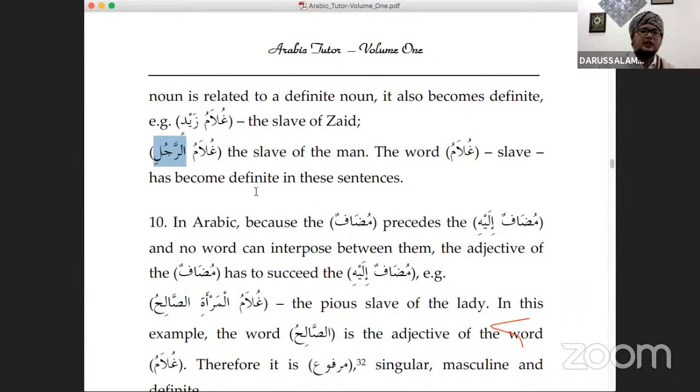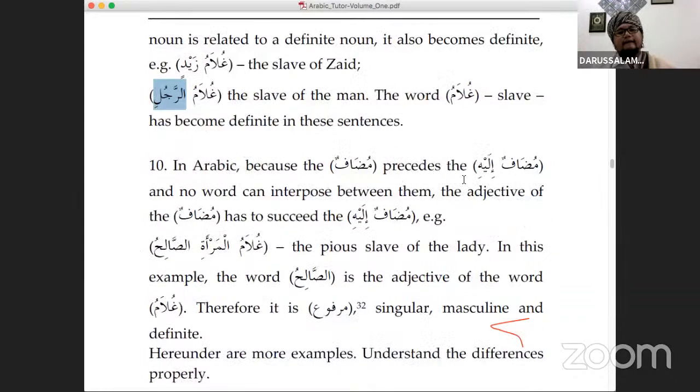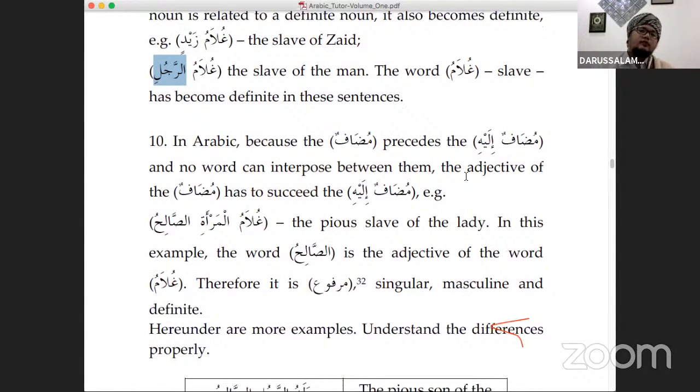Okay? So when you say ghulamur rajuli, ghulam also becomes ma'rifah. You say the slave of the man. Okay? The man is ma'rifah, so the mudaf ghulam also becomes ma'rifah. So in both cases here, ghulam becomes definite, becomes ma'rifah as well. You understand? Yes.